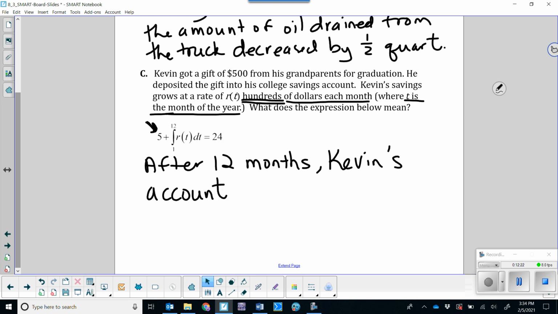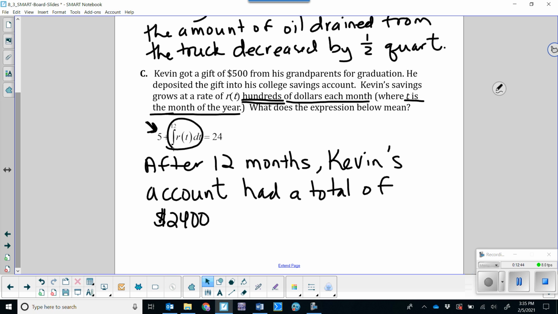So 5 is the initial, and then 1 to 12 represents all of the money he's earning from that time. So this is Kevin's account, had a total of, and this is where you have to be careful, it's not $24, it's $2,400 in the account.